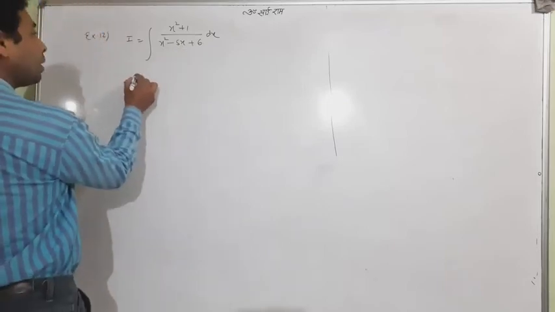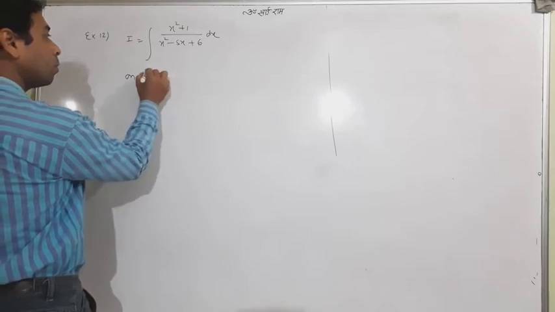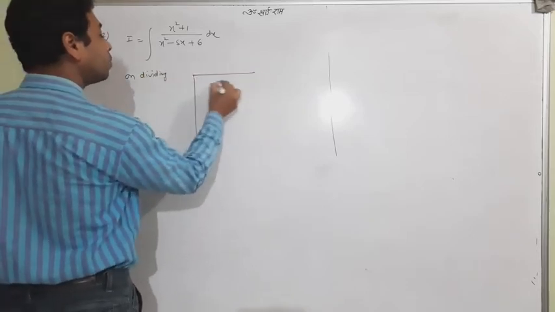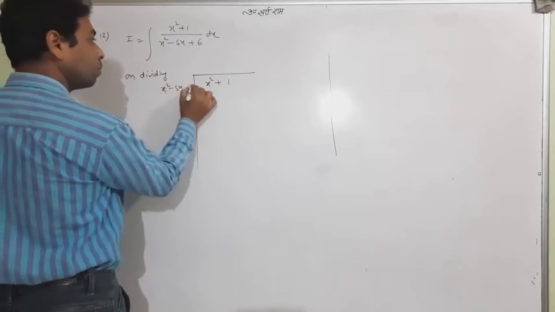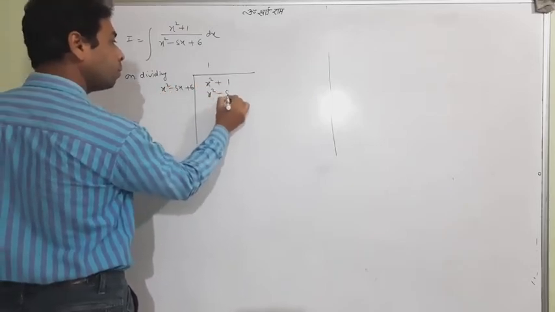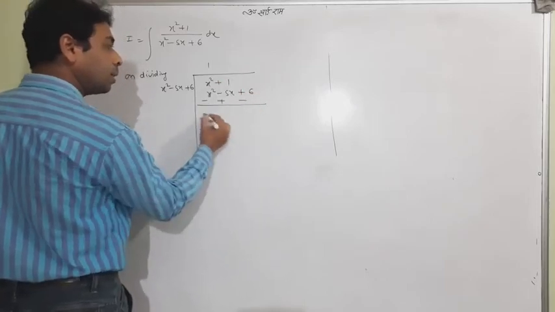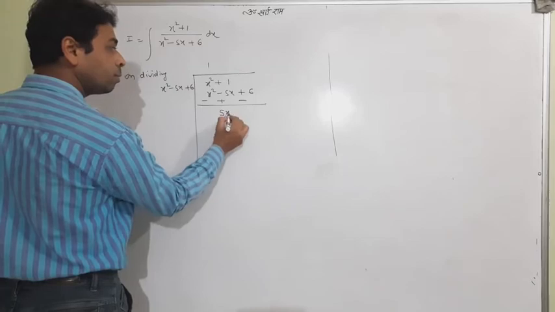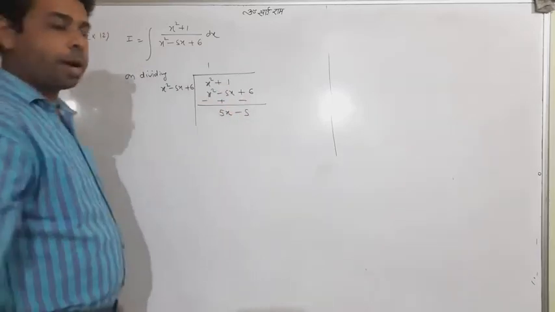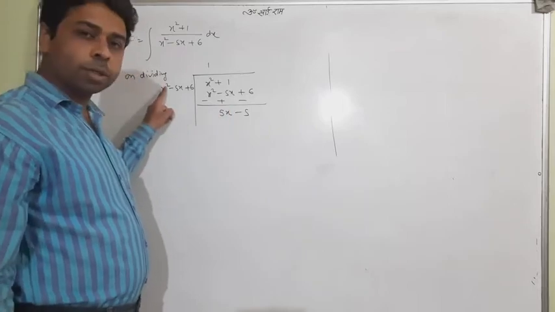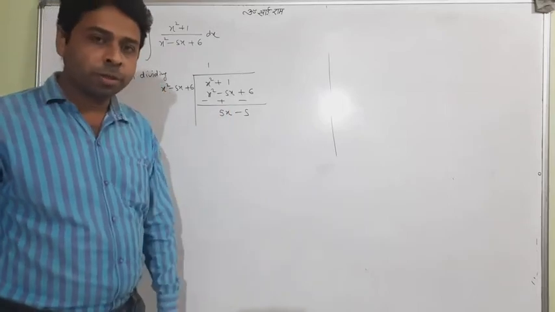On dividing, one time, minus plus minus cancel, it is a 5x, and 1 and 6 will be minus 5, and the power of x has become less than this one, so definitely the division has been done.